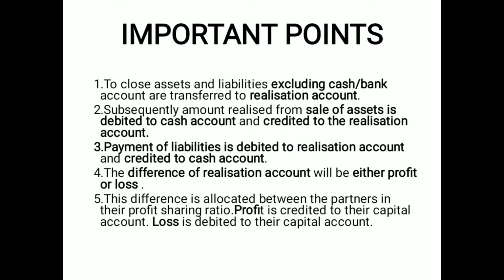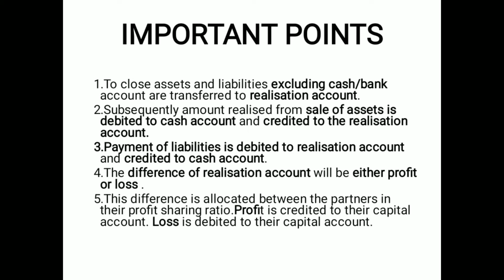Then the second point says, subsequently, amount realized from sale of assets is debited to cash account and credited to realization account. Now the process is that you will close the accounts of all the assets and liabilities. You will transfer it to realization account.